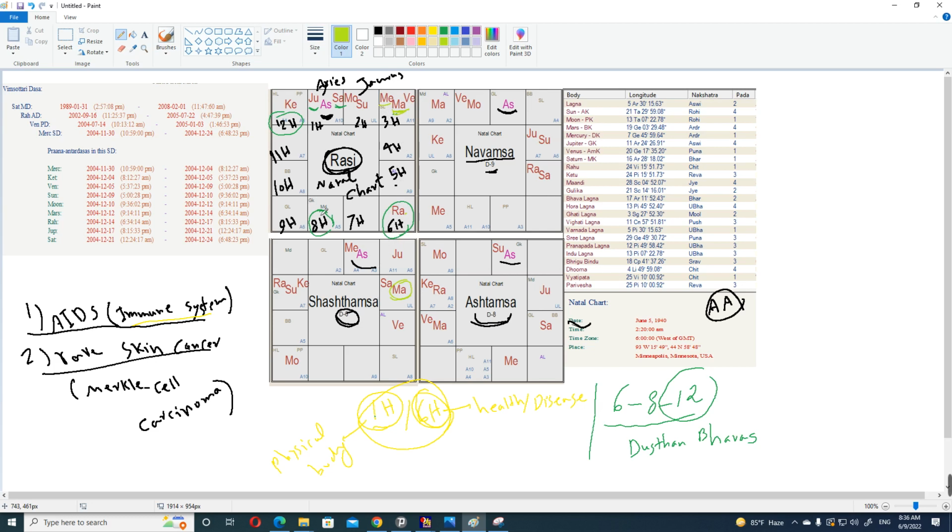Let's check the first and sixth houses in D6. That is the divisional chart related to disease. I told you that we have to analyze divisional charts aligned with the main chart. Here was Navamsha. We check the position of planets in Navamsha to be sure about their strength, and also the relevant divisional chart.